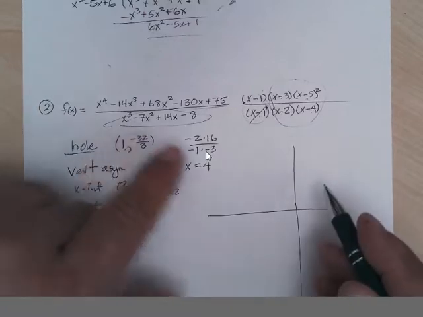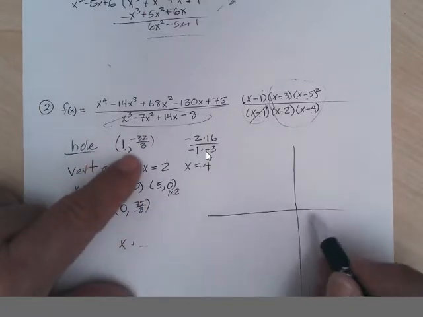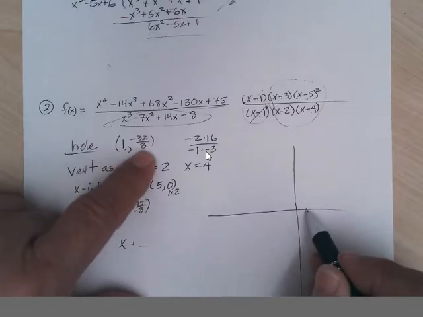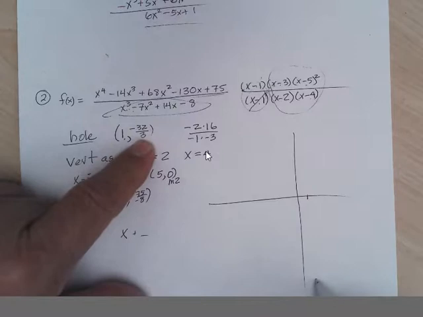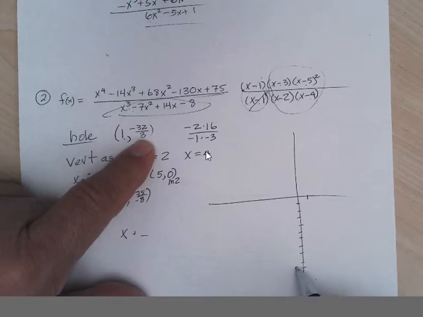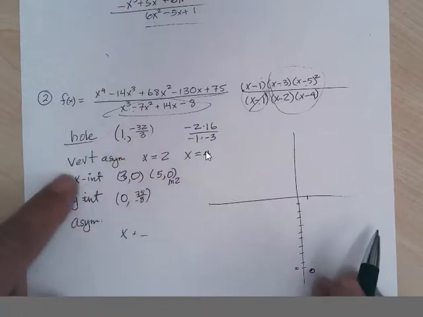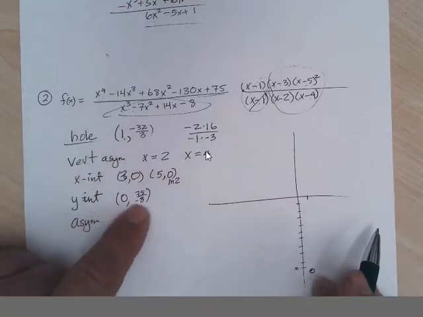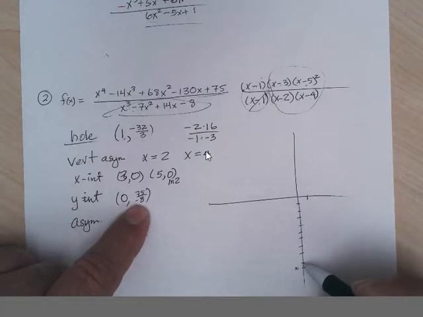So it has a hole at 1 and almost minus 10 and 2/3. So way down here at minus 1, 2, 3, 4, 5, 6, 7, 8, 9, 10 and 2/3. There's a hole. Has a y-intercept at negative 9 something.